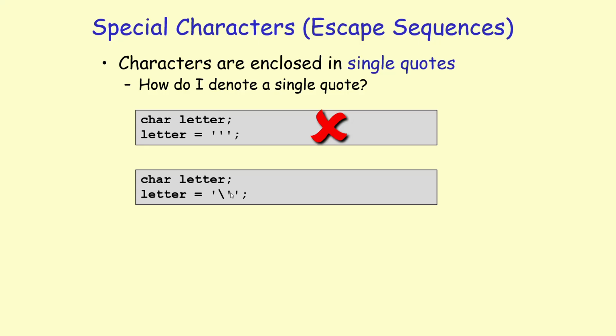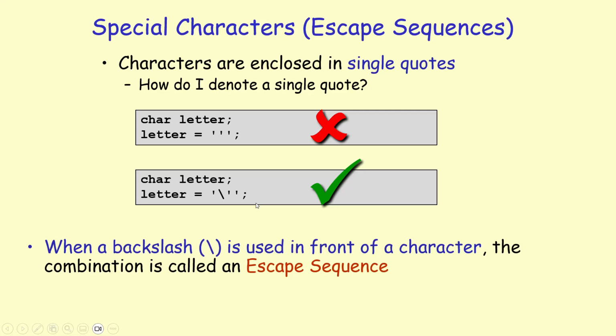And the special meaning is it represents a single quote character. So this is not representing the end of the character, but rather it is representing the single quote character now. And the second single quote character is going to close it up. So that's the solution that they found.